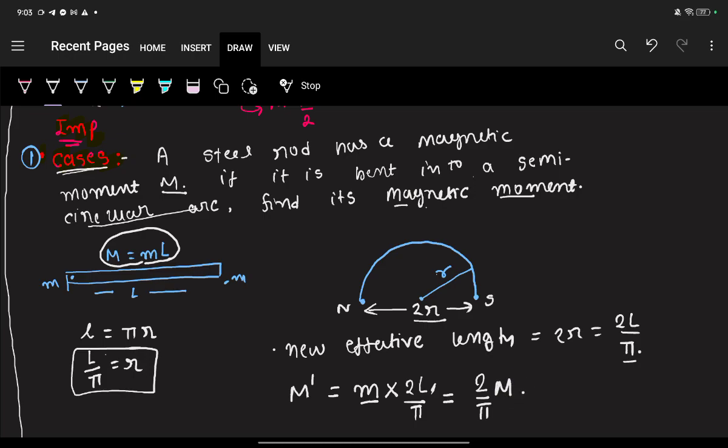So our new magnetic moment becomes 2 by pi capital M. So if we bend this rod into a semicircular arc, its magnetic moment decreases, because 2 by pi is less than 1, right?